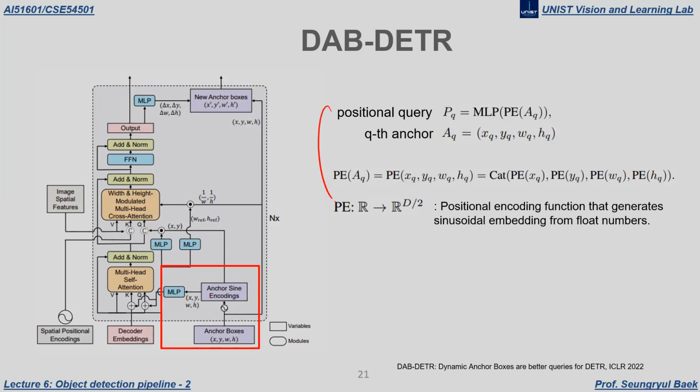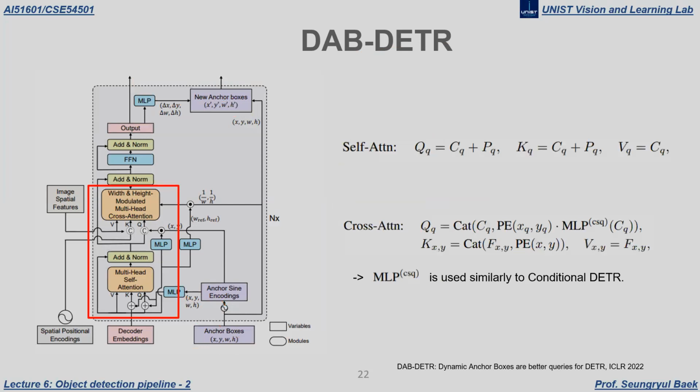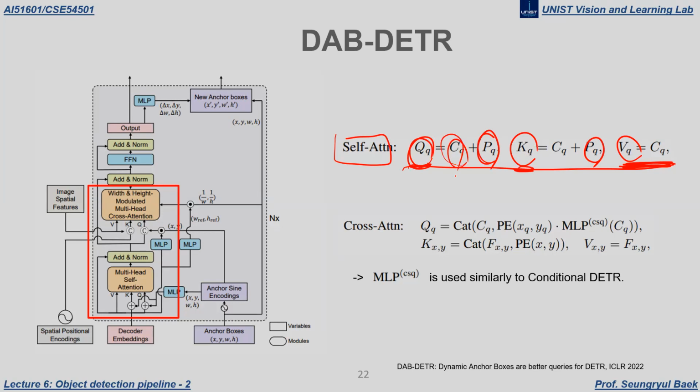This is the same as before. In self-attention, with the content query and positional query, the query and key are used like this. For the value, positional encoding is not applied, but for the query and key, the positional encoding is added to the content value.